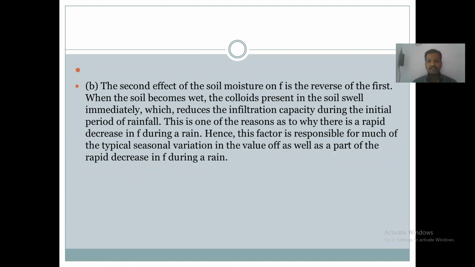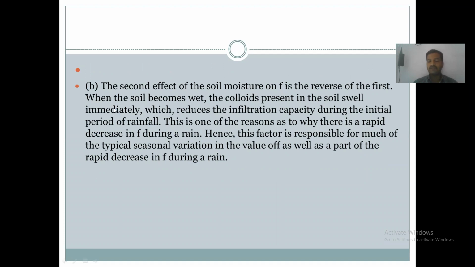The second effect of soil moisture is the reverse of the first. When the soil becomes wet, the colloids present in the soil swell immediately.